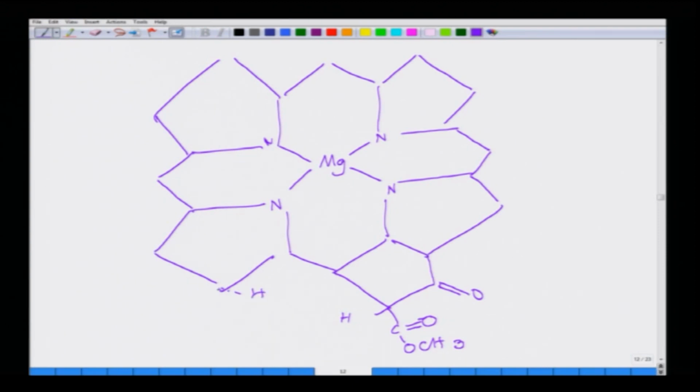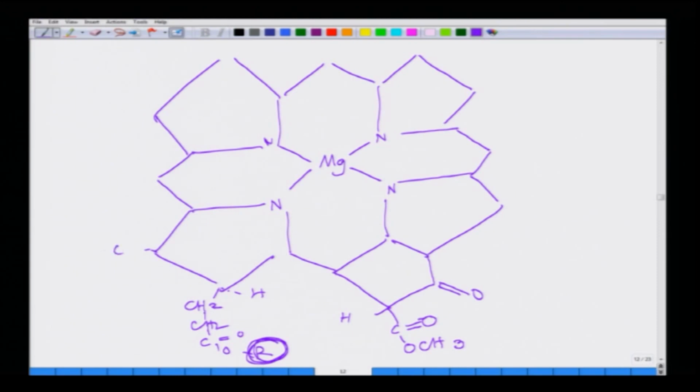There's hydrogen here, a CH2, another CH2, and you have this R. This R is important because this is where the differences start. I'll come back to this.